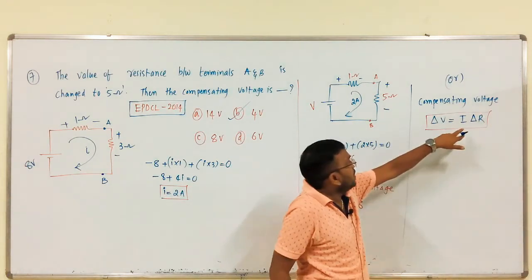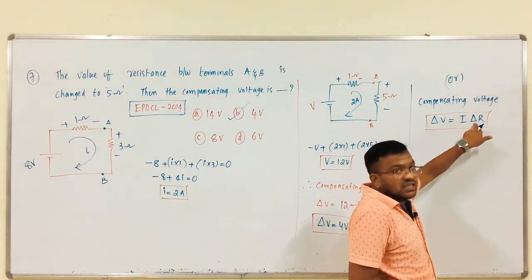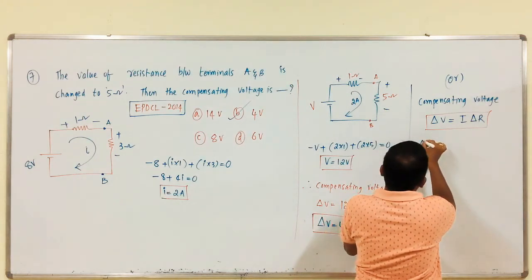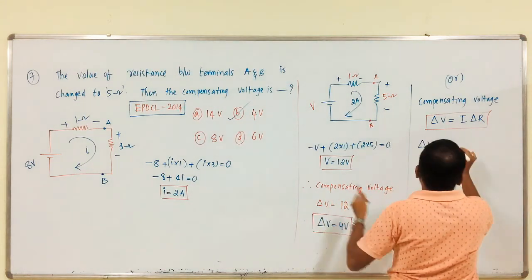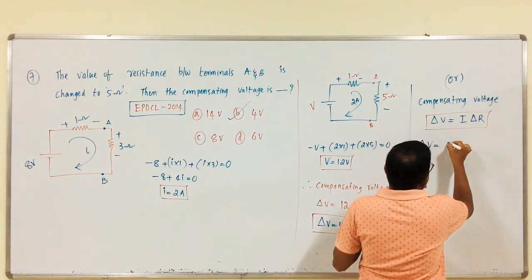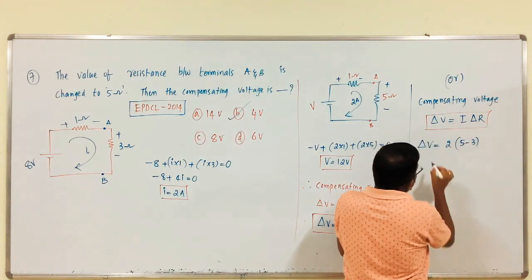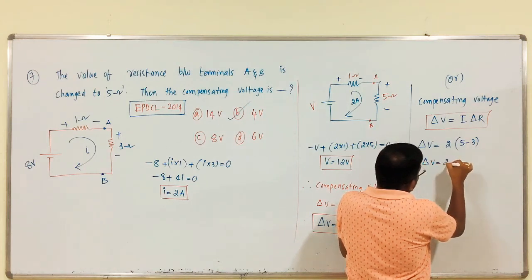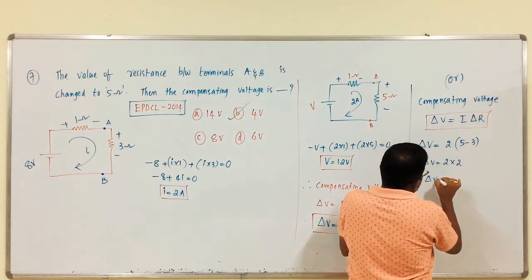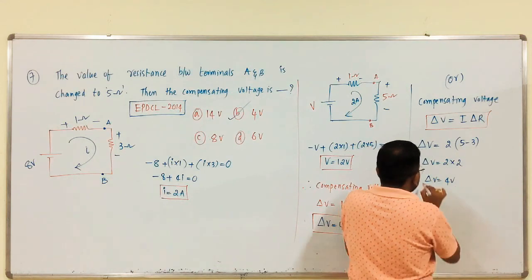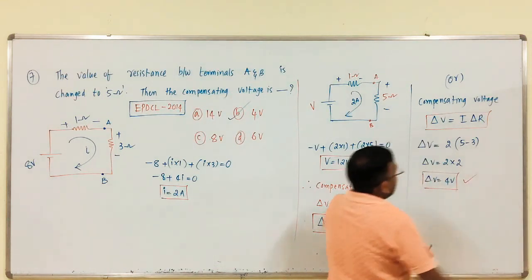Delta V equals to current in the circuit and change in the value of resistance. So, from this delta V is what? What is the value of I? 2. Change in resistance is nothing but what? 5 minus 3, right? So, delta V is 2 into 2, 4 volts. So, like this also we can calculate.